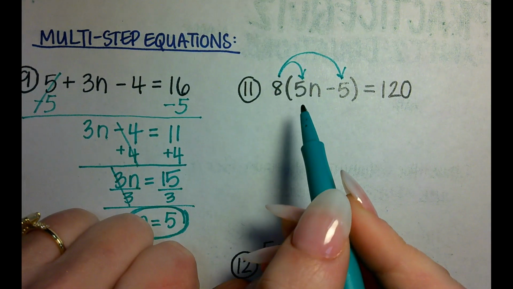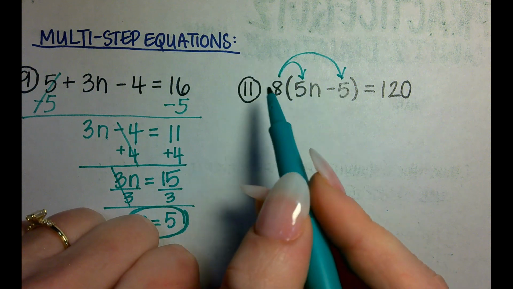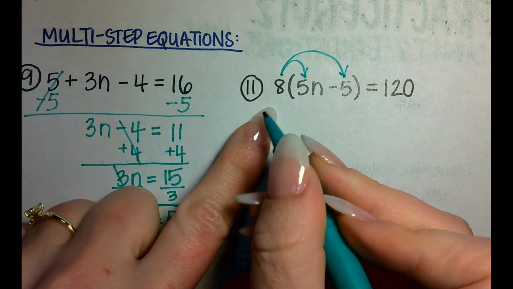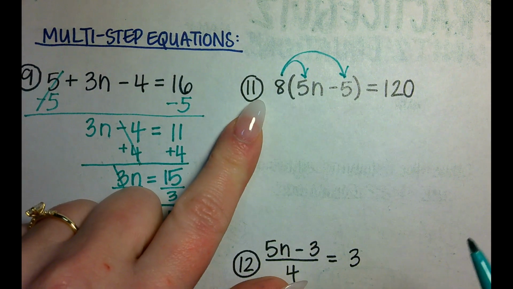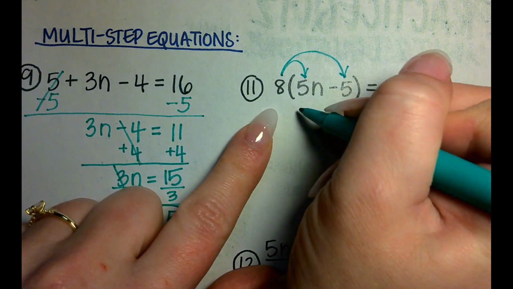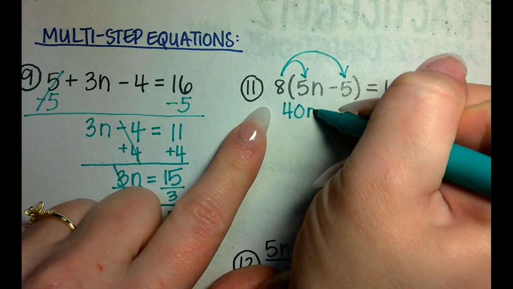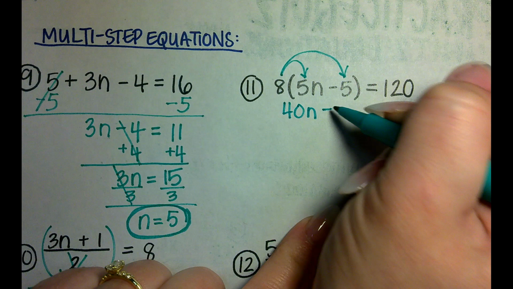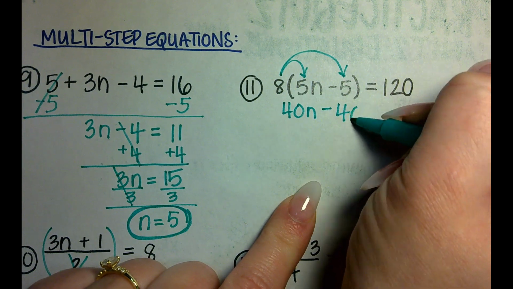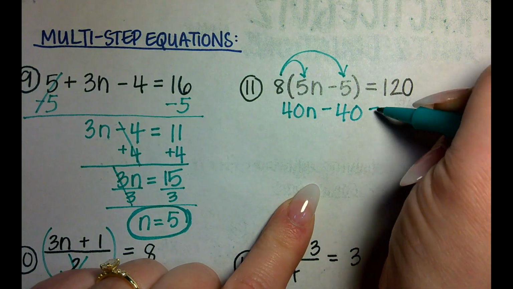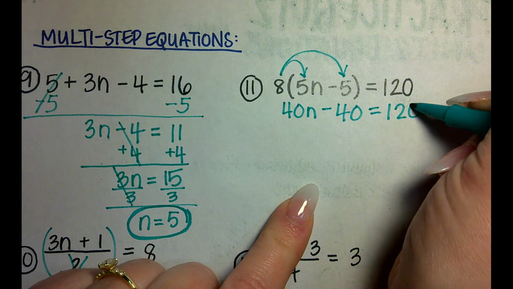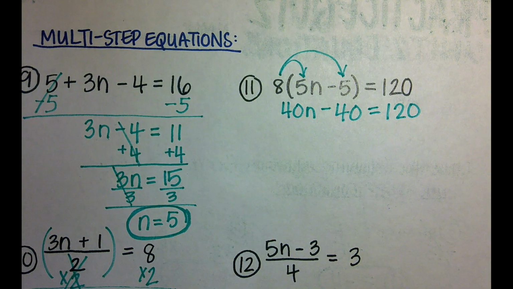The first method that Jessica's telling us about is distribution. We're multiplying everything. So 8 times 5n, what's that going to give us? 40n. Minus 40, good, equals 120. Beautiful.